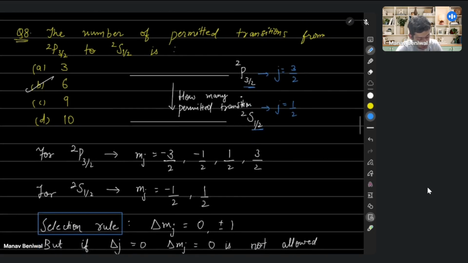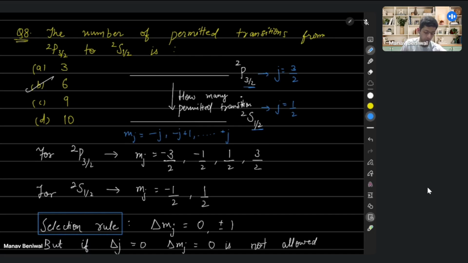Another thing that we know is that mj goes from minus j and keeps increasing by 1 all the way up to plus j. Therefore we can write the values of magnetic quantum number mj for both these terms, and we get 4 mj values for 2p3/2 and 2 mj values for 2s1/2.